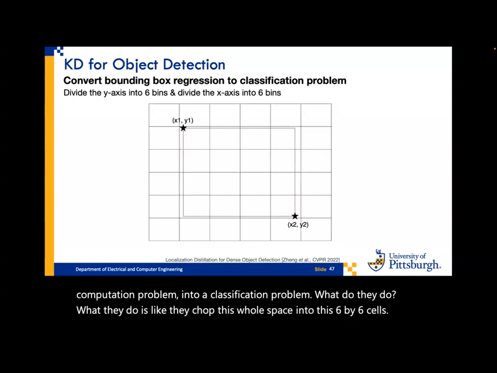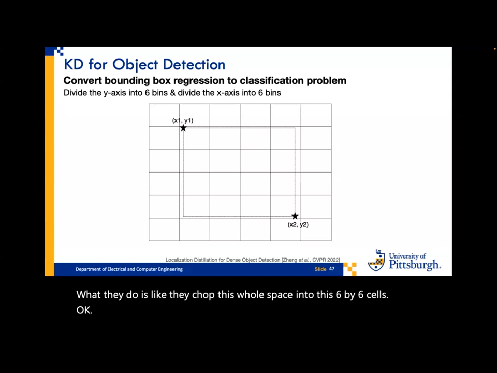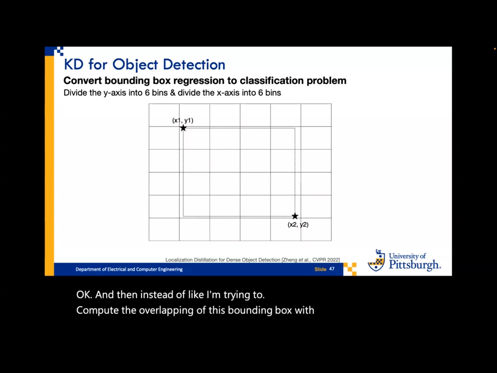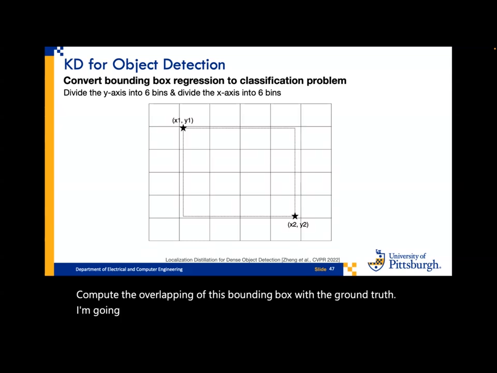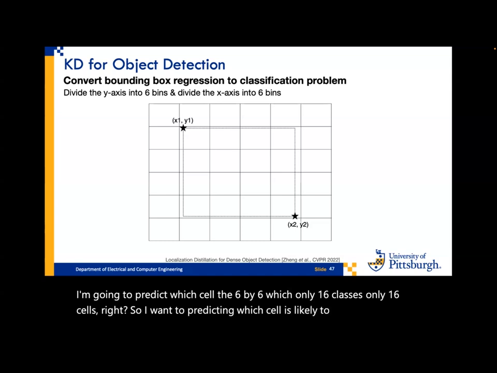And instead of computing the overlap of the bounding box with the ground truth, I'm going to predict which cell is likely to be a corner for the box.